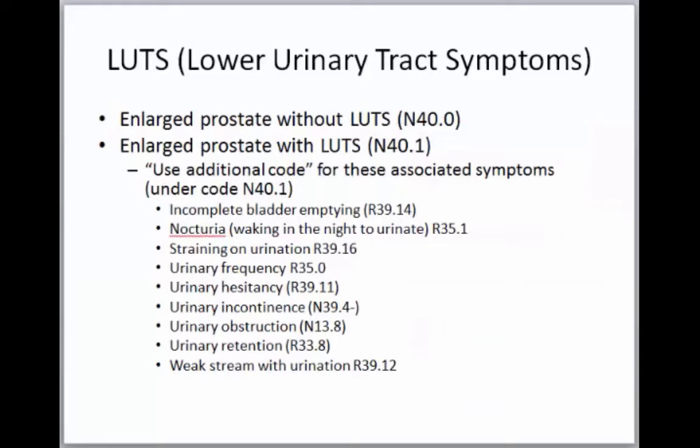When you're coding BPH, you're going to see it without LUTS, or lower urinary tract symptoms, that's N40.0, or with LUTS, N40.1. There is an instructional note under the N40.1 code that says use an additional code for any of these symptoms, and these are all taken right out of the book to show you all the things that might happen.